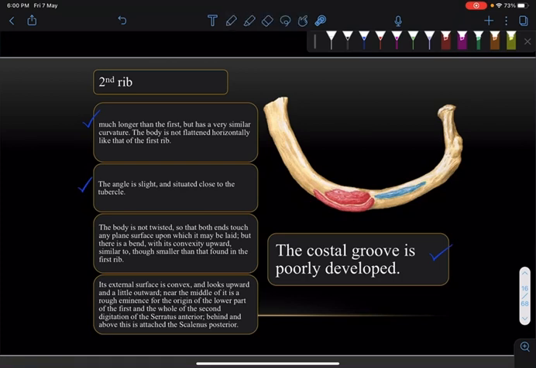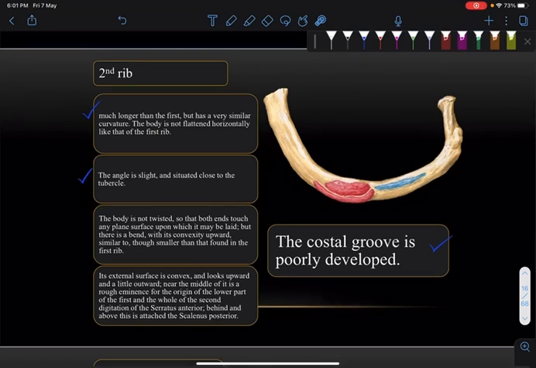The angle is the point where the rib changes from posterior to anterior. Here it is slight, not very distinct, situated close to the tubercle. The costal groove is poorly developed, not very prominent, so the neurovascular bundle may not have a groove to run in.